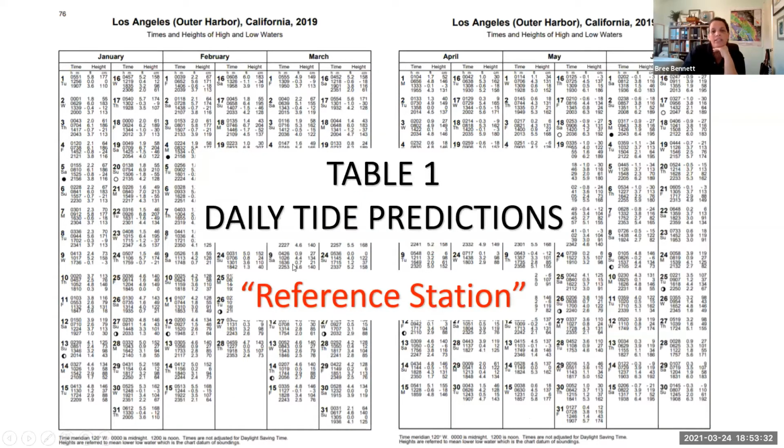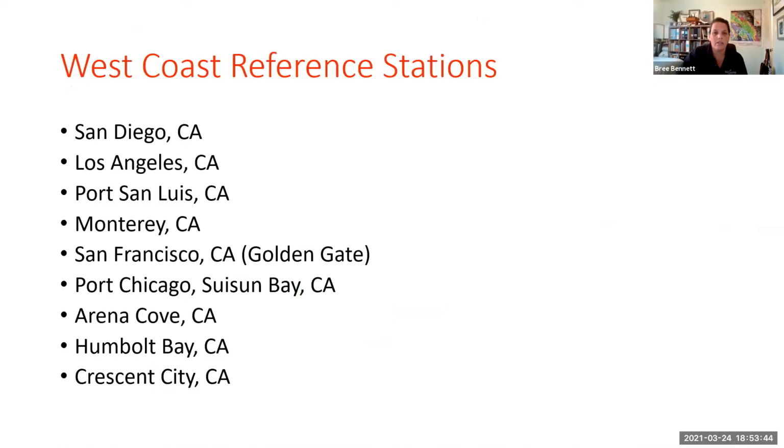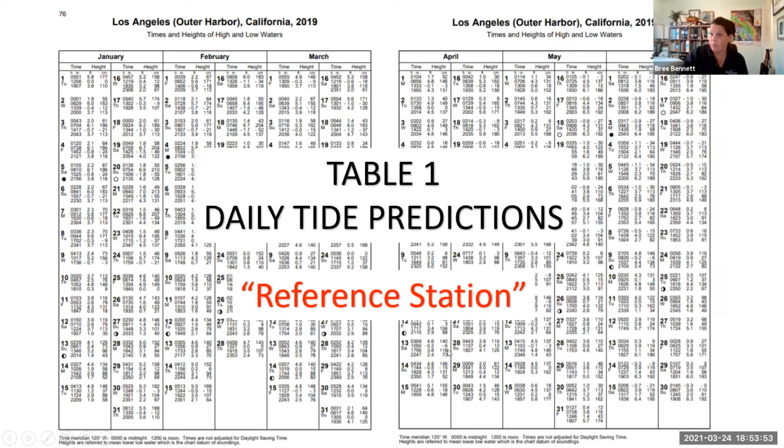Okay, so table 1 is your daily pages, or your daily tide predictions, and these are for what we're going to call reference stations. There are 9 reference stations in California. So there's not a ton, right?